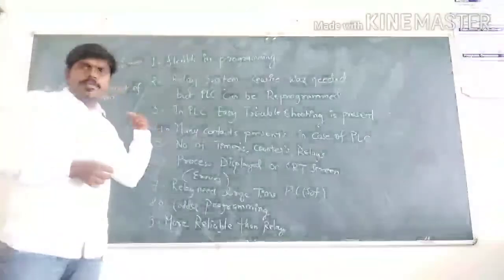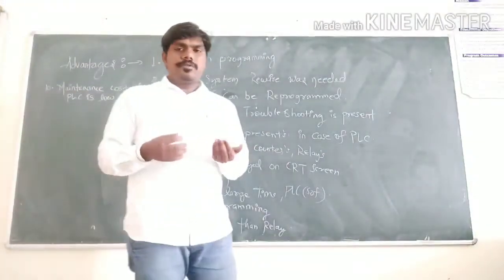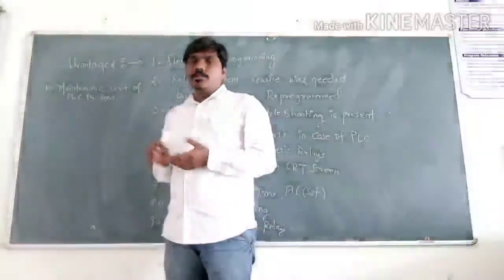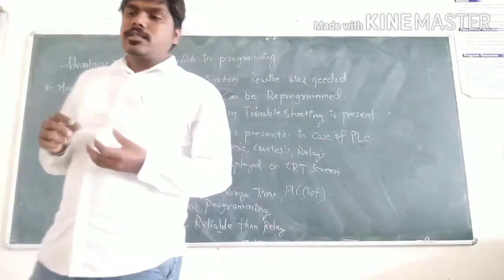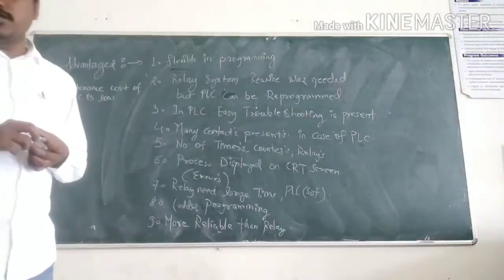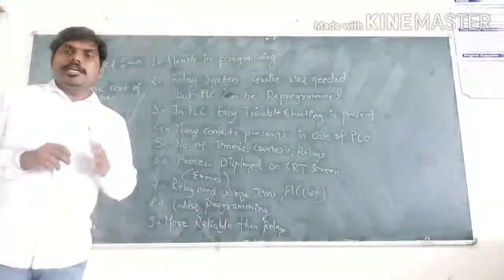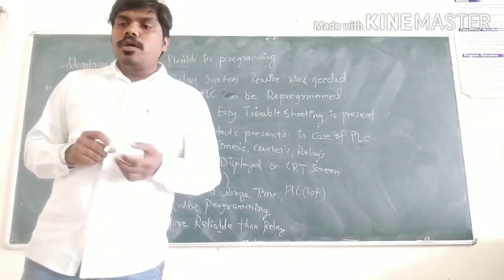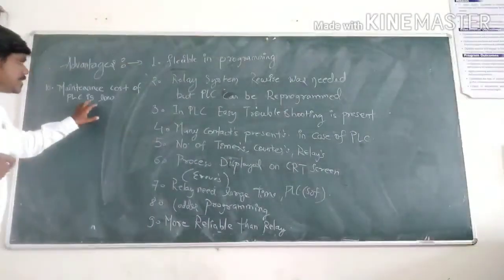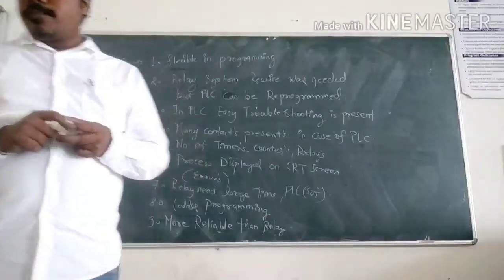In case of PLC, if any fault occurs, the software automatically tells which part of the system is faulted, and the replacement is also much less costly. So the maintenance cost in relay logic is very high, but in PLC programming it is very low. You should remember that maintenance cost is low in PLC programming.